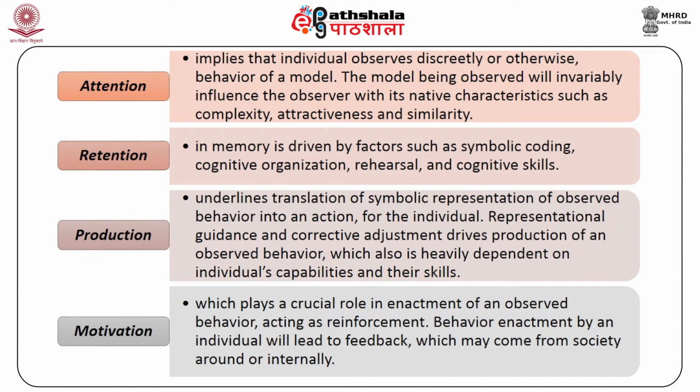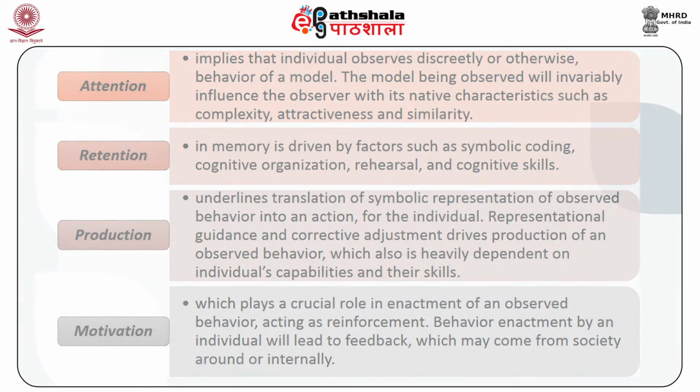Representational guidance and corrective adjustment drive production of an observed behavior, which also is heavily dependent on individuals' capabilities and their skills. Lastly, it is motivation which plays a crucial role in the enactment of observed behavior, acting as reinforcement. Behavior enactment by an individual will lead to feedback, which may come from society around or internally.